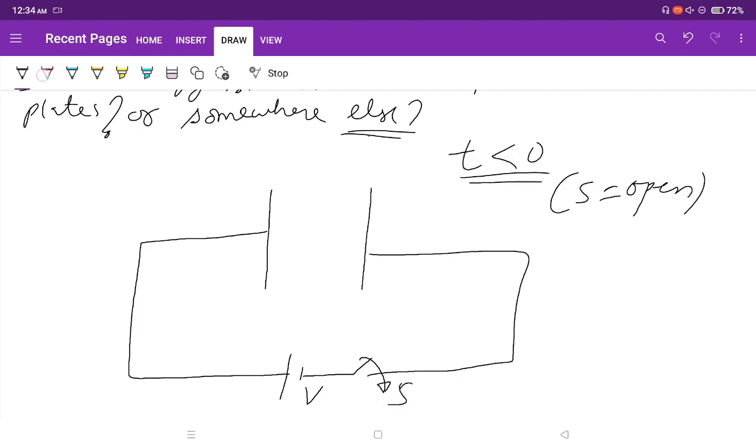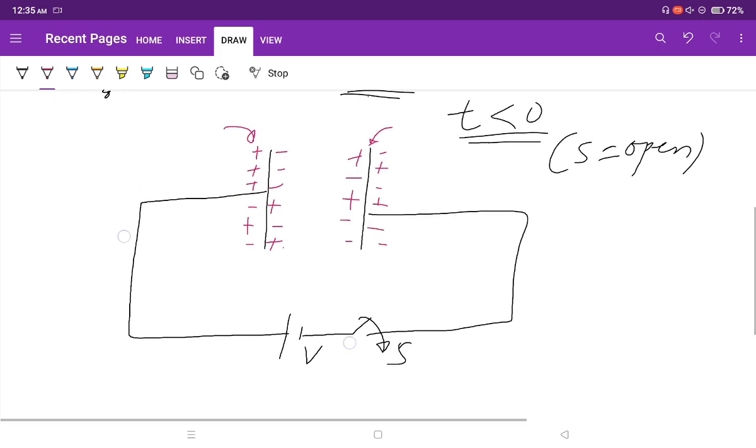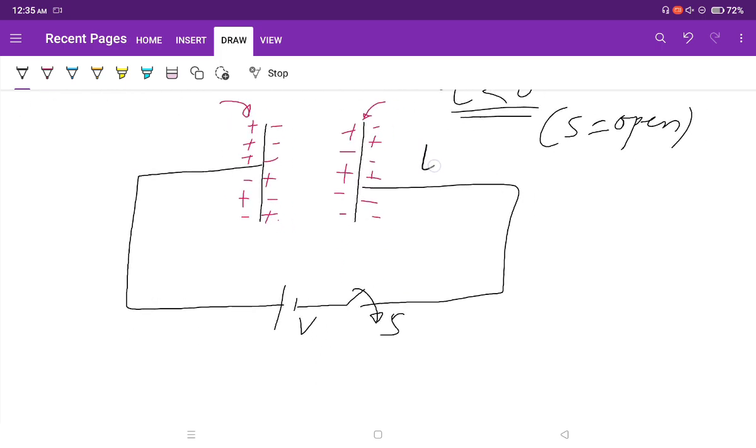Here we have plus charges and minus charges, all types of charges, because it is a conductor. It has free electrons, plus charges, minus charges. Similarly here, plus charges and minus charges everywhere, correct? Now at t equal to 0, you close the switch S.